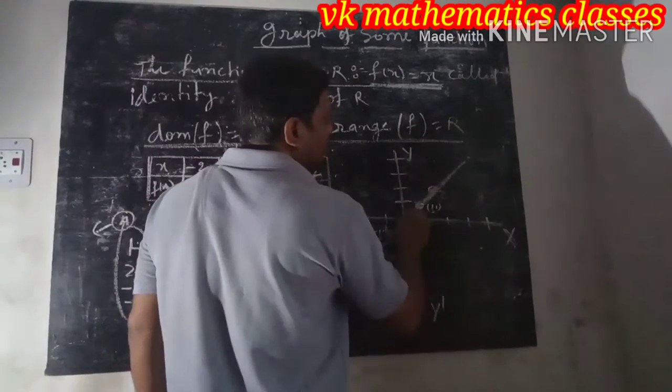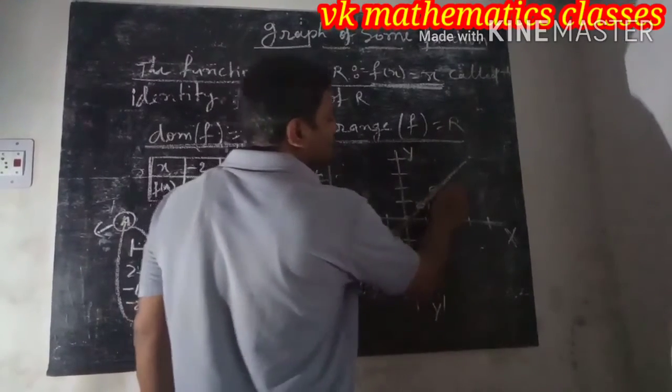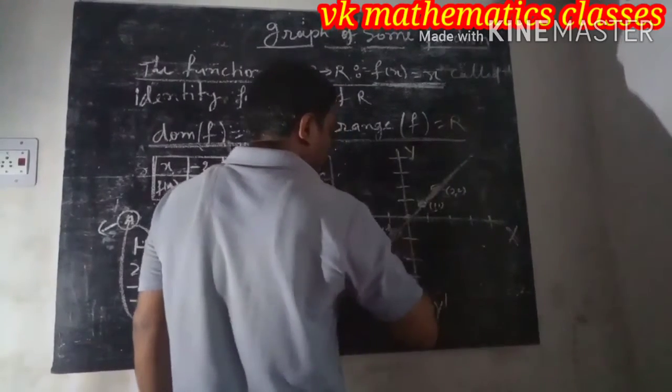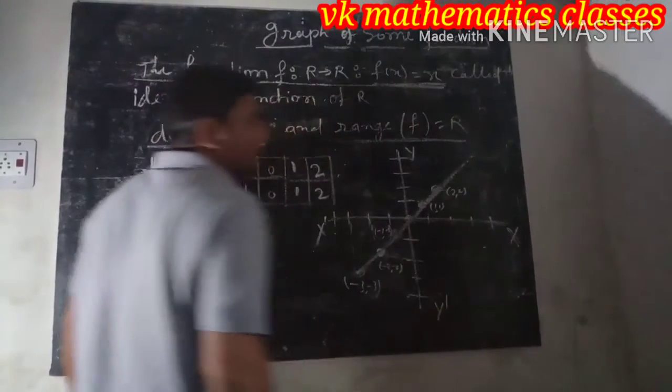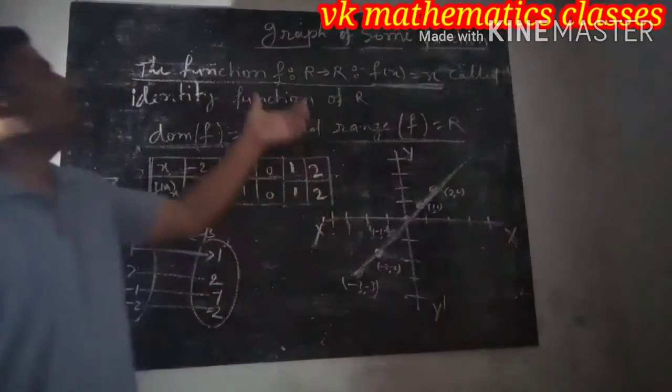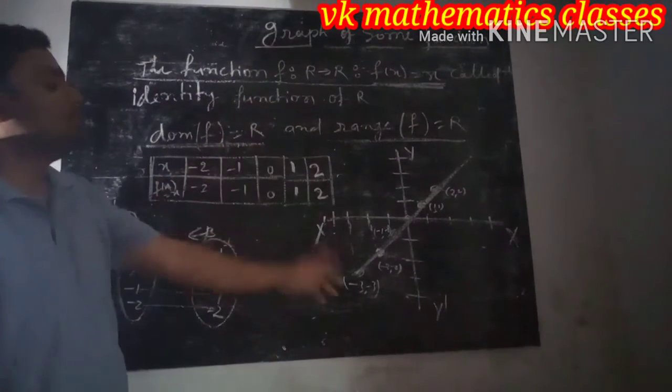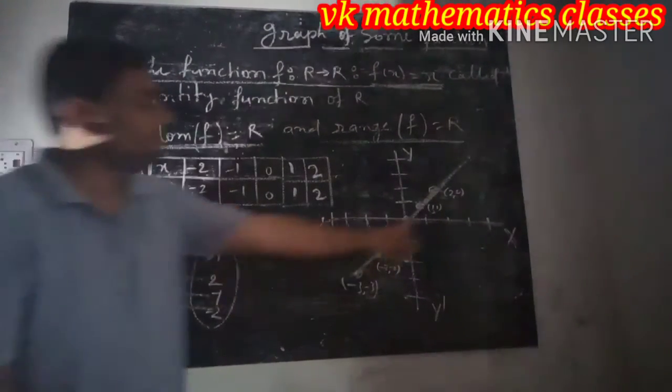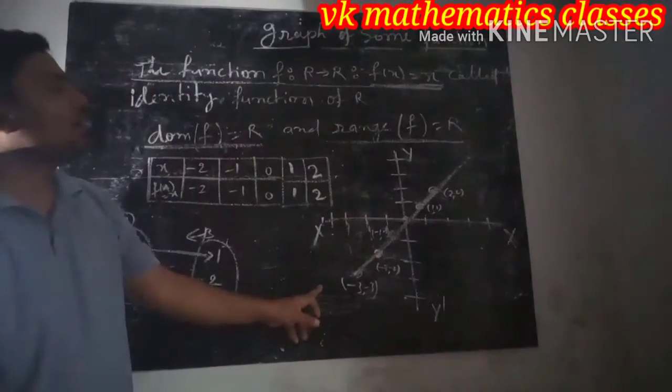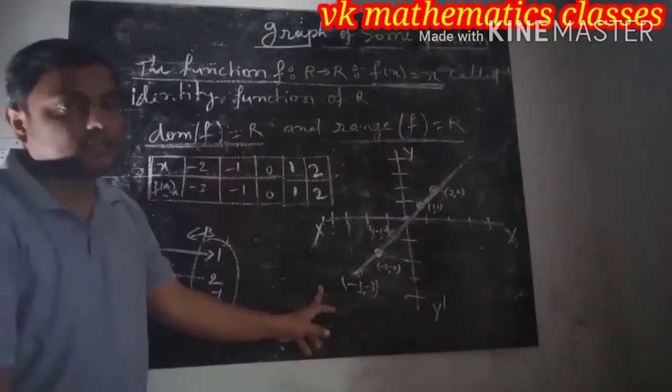This point has x equal to 2 and y also 2. So this graph is a straight line. This is known as the graph of the identity function.